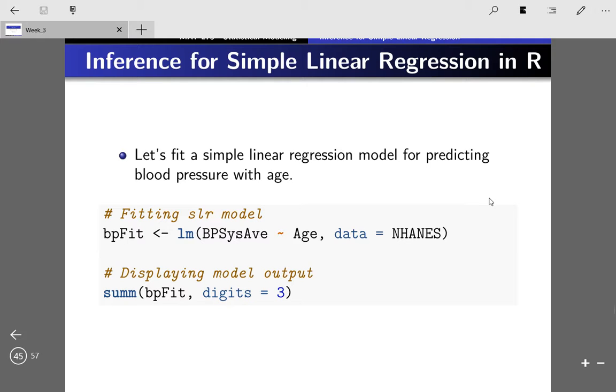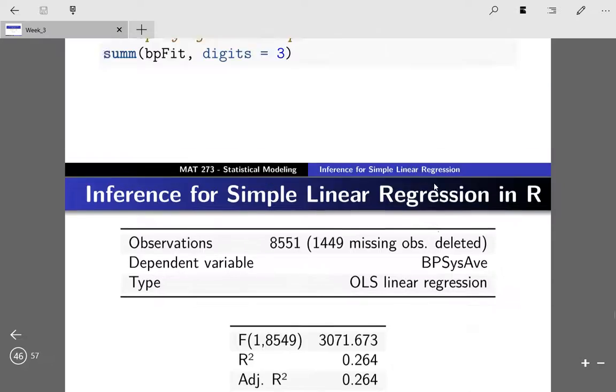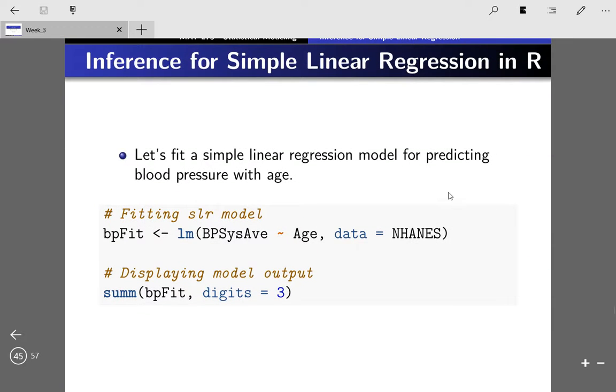So let's go ahead and fit a simple linear regression model and assume our assumptions are met. Ideally, we would plot the residual plots, histogram, stuff like that to check the model assumptions, but we're just going to get into fitting the model right away here.